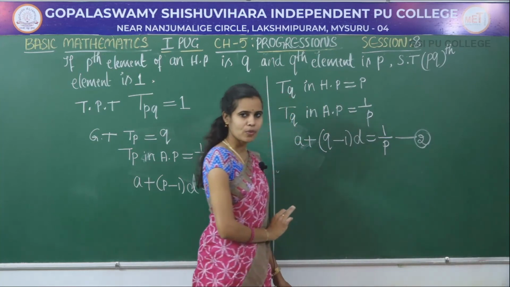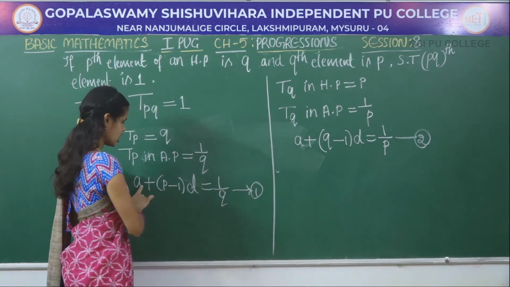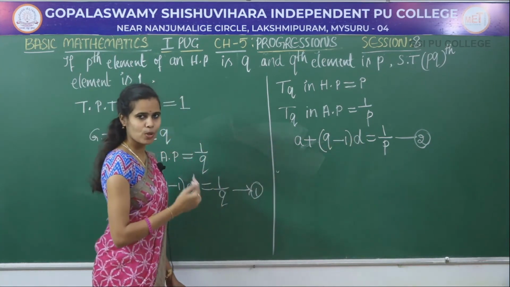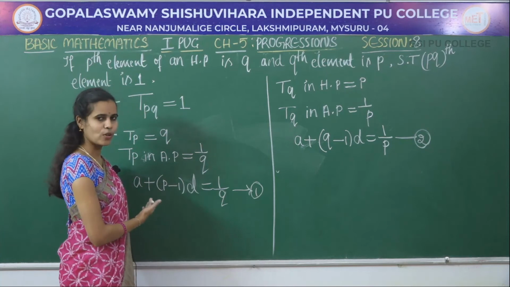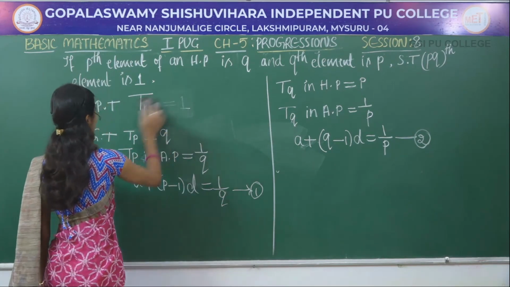Now we want to find the values of a and d. Observe that we get two linear equations involving the variables a and d. So by solving equations 1 and 2, first let us find the values of a and d.